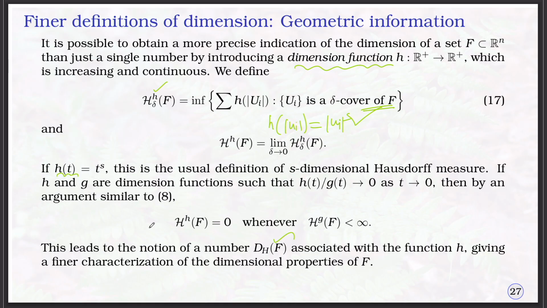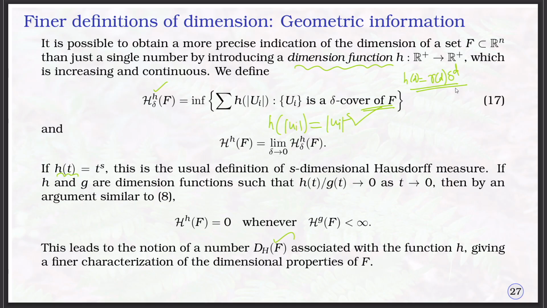For that we define the dimension function, which in the last lecture we called the test function. The test function h, like gamma times delta power d, was defined while discussing the geometrical perspective of the Hausdorff dimension.